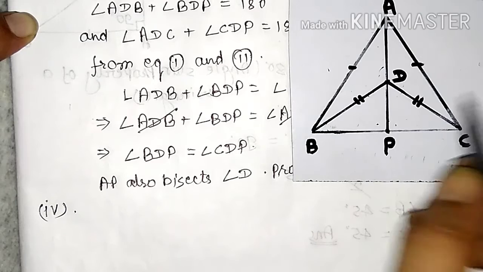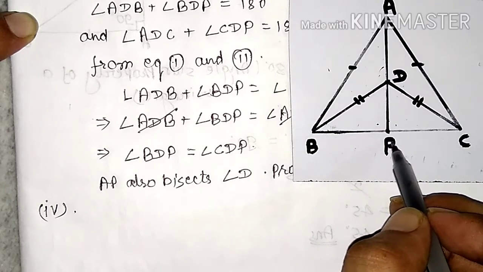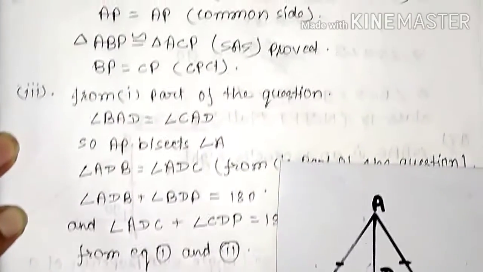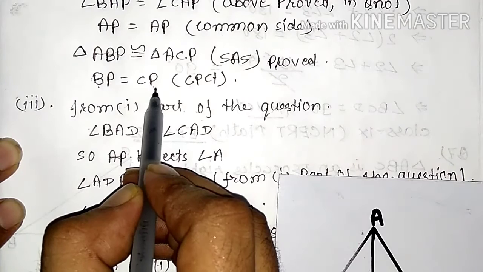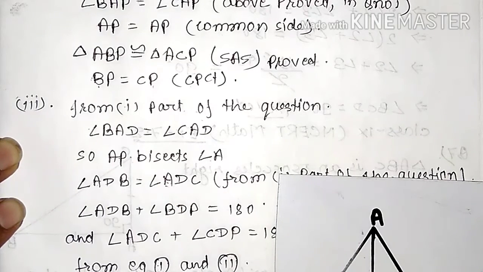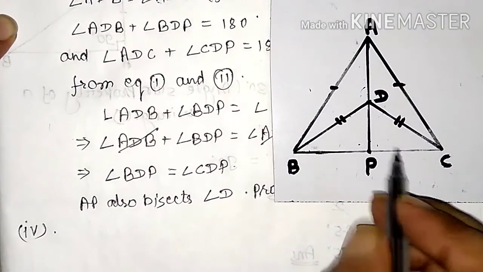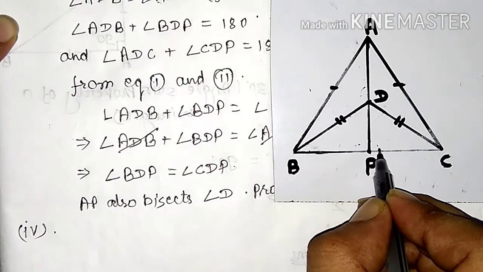We have to prove it in the second part of the question. In the second part of the question, BP is equal to CP. We have already proved it. How? This is BP is equal to CP by CPCT. It is already proved. Now we only have to prove this angle is equal to 90 degrees.